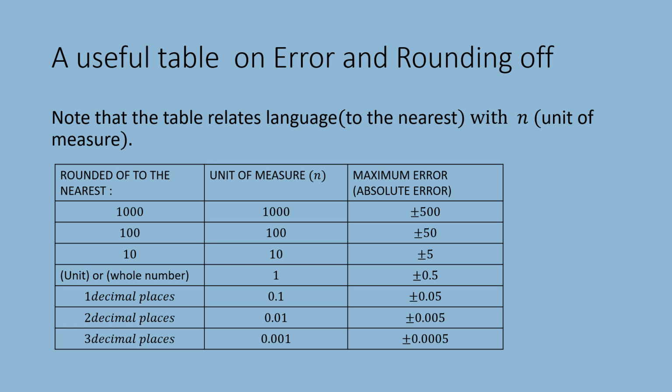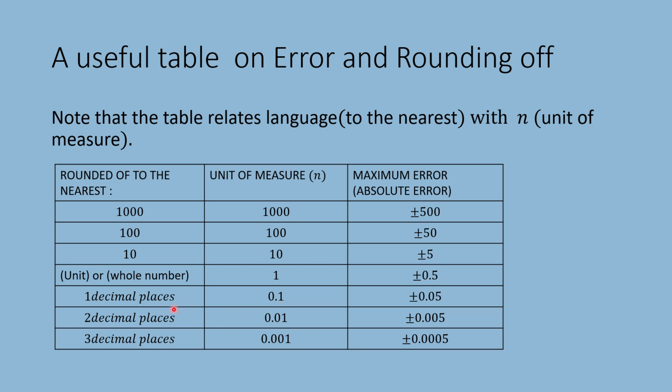So for 1000 we have a maximum error of plus or minus 500. Now to the decimal numbers. Any number written to the nearest one decimal place simply has a unit of measure of 0.1.